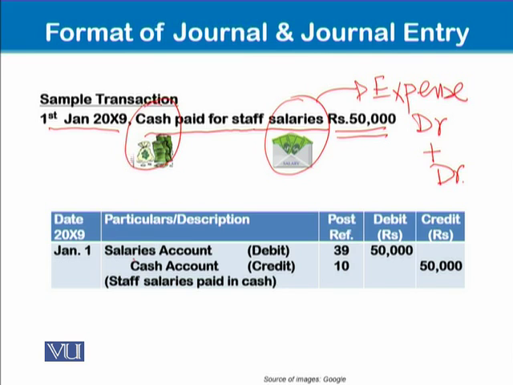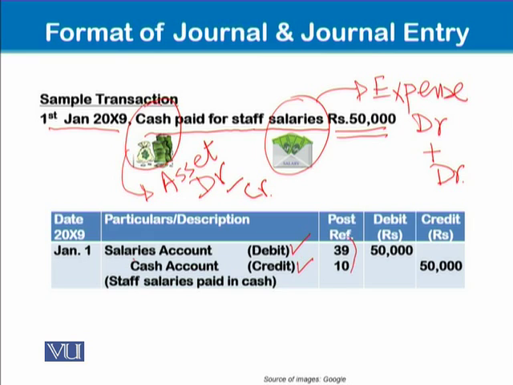And cash. Cash is an asset. Its main head is asset, and its nature is debit. And there is a decrease in cash because of this transaction. Payment of cash is causing a decrease in asset. Therefore, it should be credited. Now see: salary, debit; cash, credit.